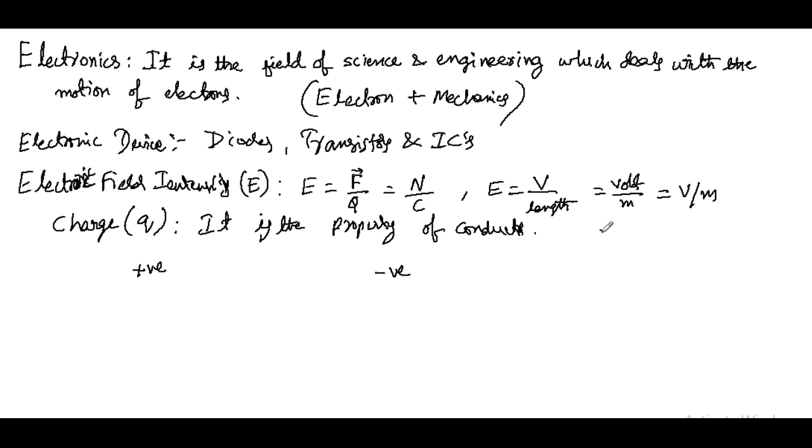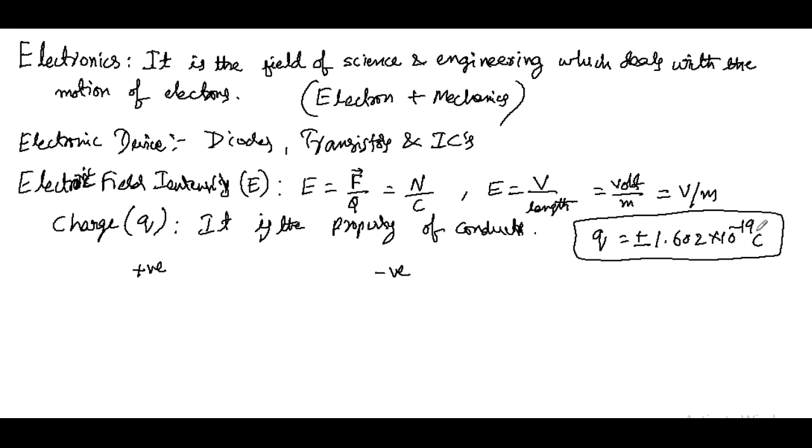The charge value is plus or minus 1.602 into 10 to the power of minus 19 coulombs. This is the standard, constant, predefined value. The charge is carried by an electron or a hole.